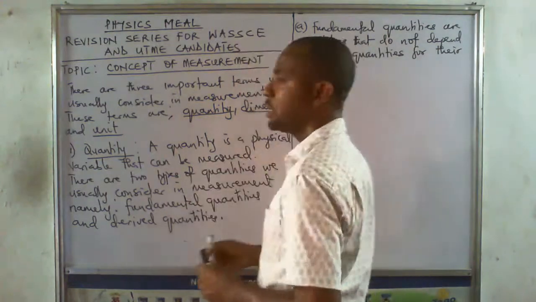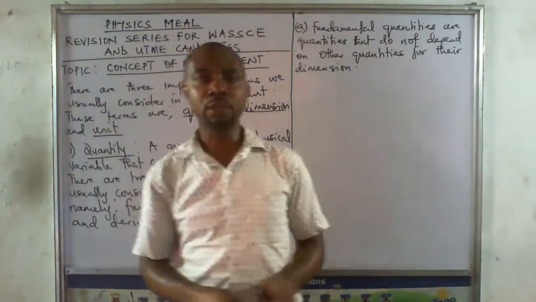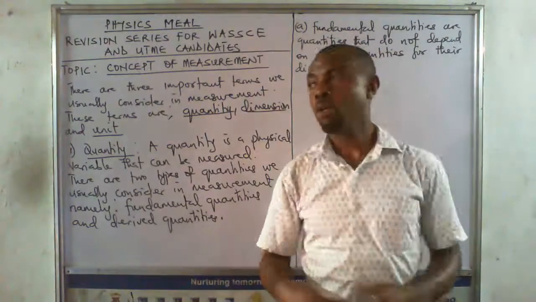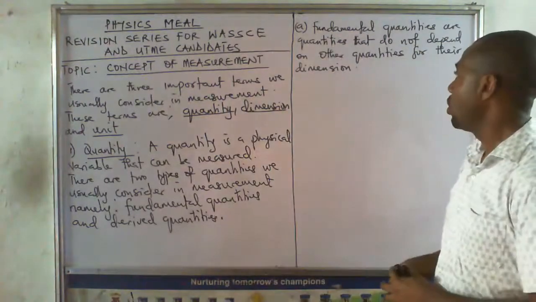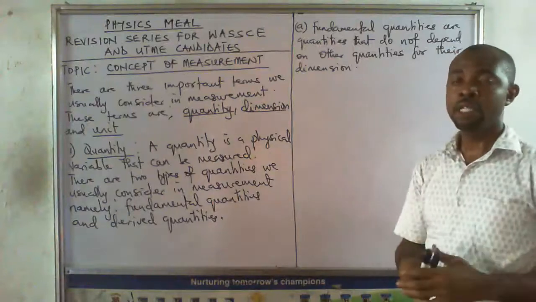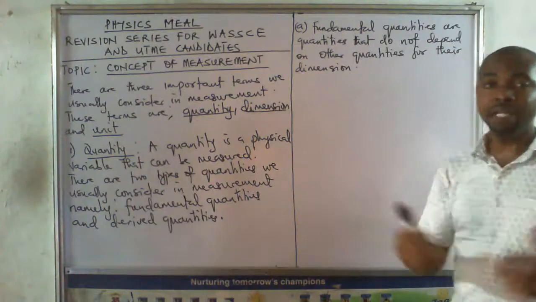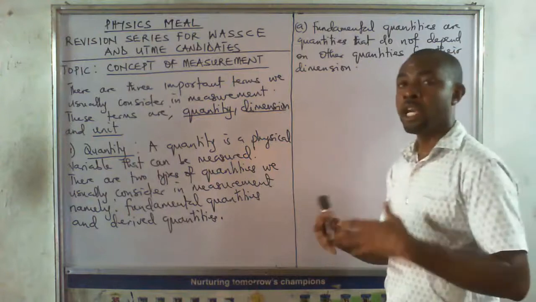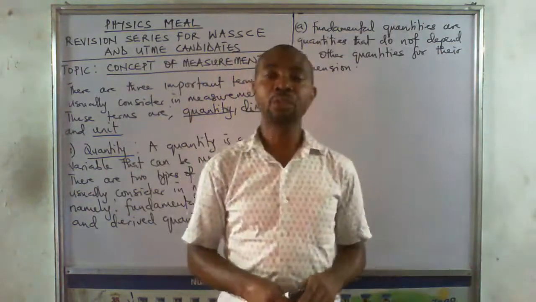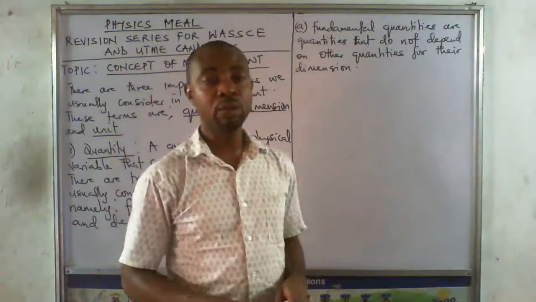So those quantities that do not depend on other quantities for their dimension, we refer to them as fundamental quantities. Any quantity that will not be dependent on another quantity in order to obtain its dimension is said to be what? A fundamental quantity.